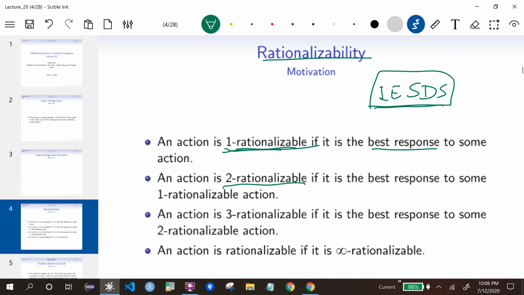If we keep doing this, that's why it's called iterative elimination. If we keep doing that an infinite number of times, usually, at least for the questions on the homework and exams, there will be a finite number of iterations, and then you will stop, and the remaining set of actions, I will call the set of rationalizable actions.